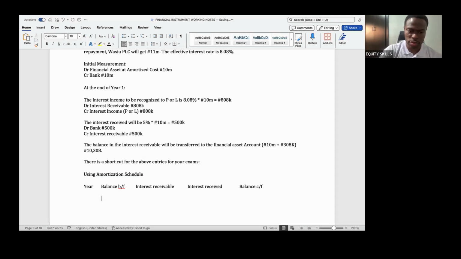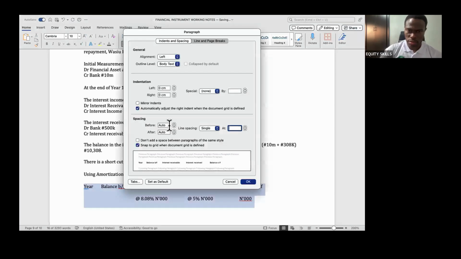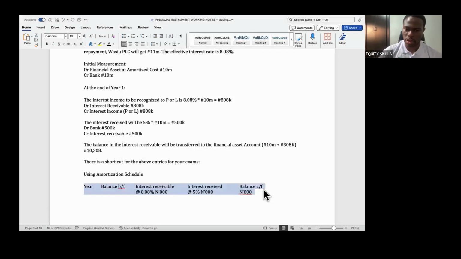This one is at 8.08%. This one is at 5%. Your Naira, yeah, the Naira.